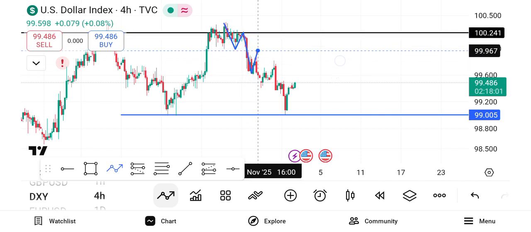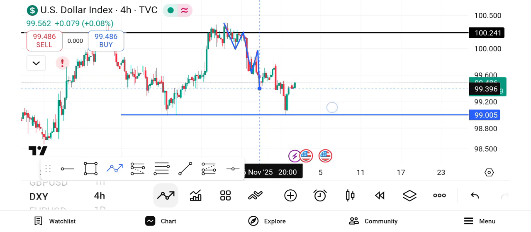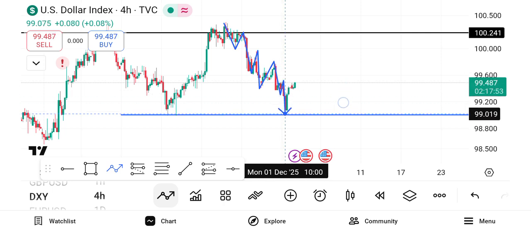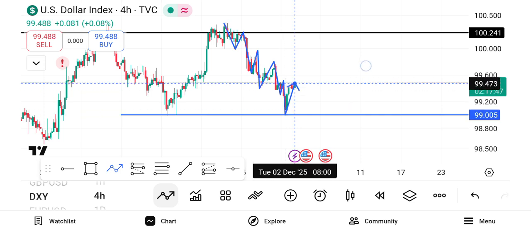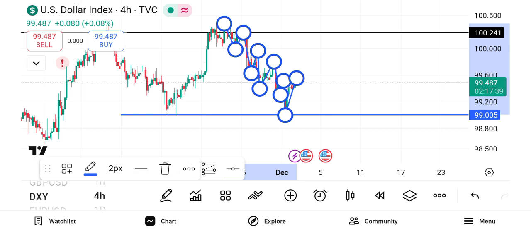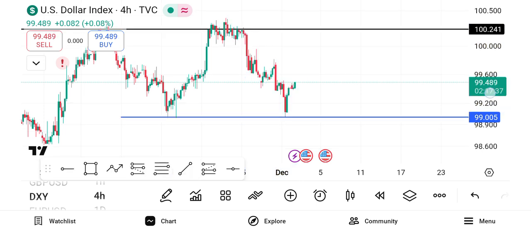Lower low, lower high, lower low, lower high, lower low, lower high, and lower low. Then the market has been moving upward, giving us signs of possible trend continuation. So how do you navigate this? How do you enter? How do you use this opportunity here?